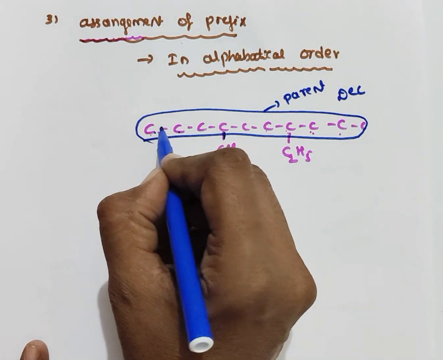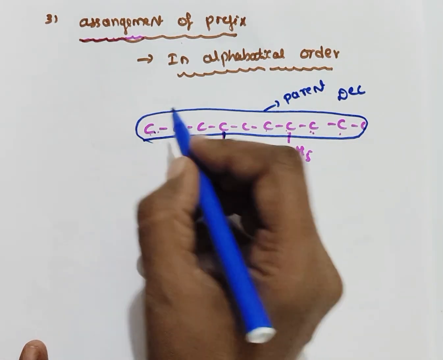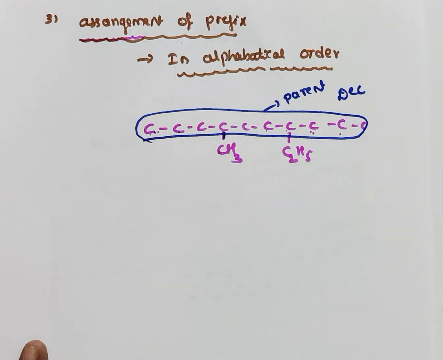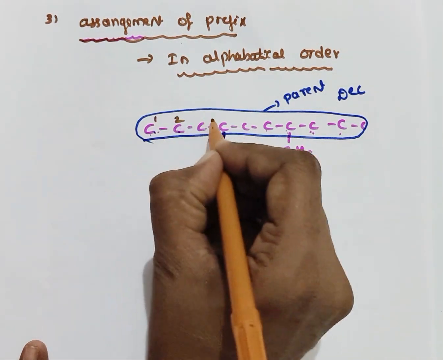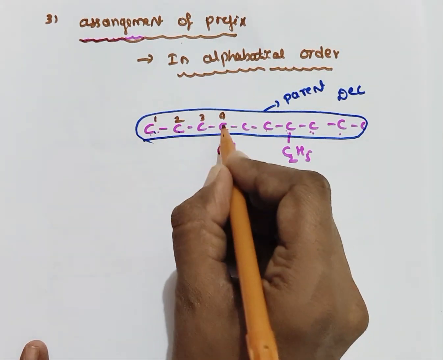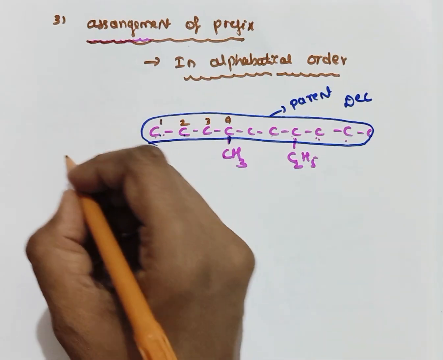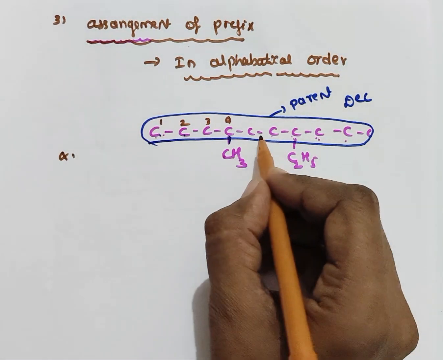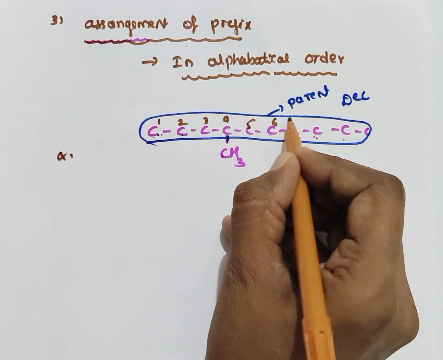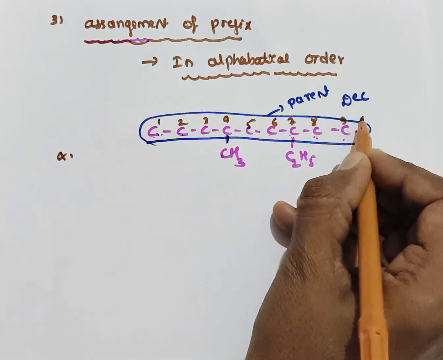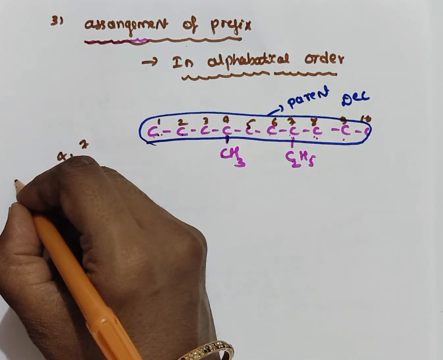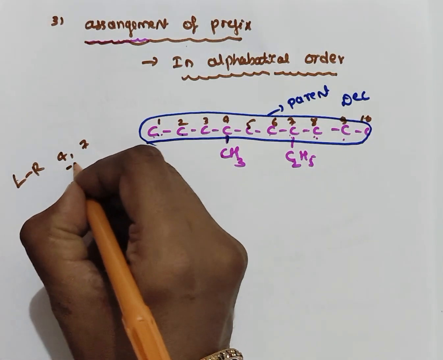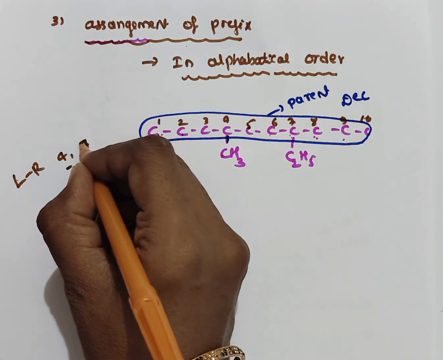So numbering from the left side, what happens? Listen once again. 1, 2, 3, 4. For carbon number 4, a substituent is there, so the locant is 4. 5, 6, 7, 8, 9, 10. For carbon numbers 4 and 7, numbering from left to right, we get the locants 4, 7.